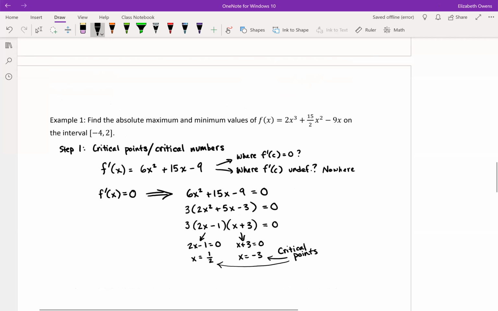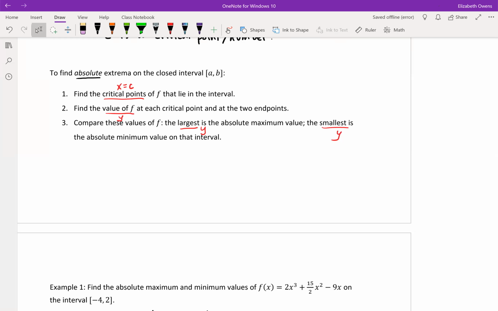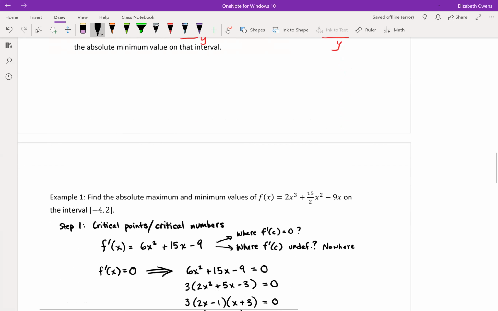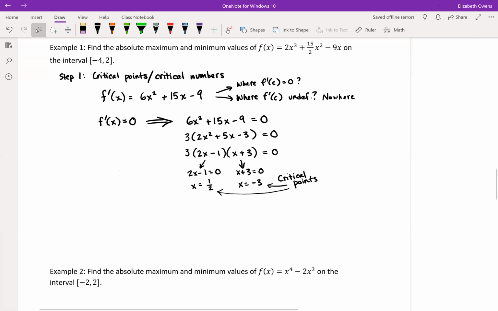So there's our first step. Find the critical points. Now we need to find the value of our function at each critical point and at our two endpoints. So step 2, values of the original function, f of x.